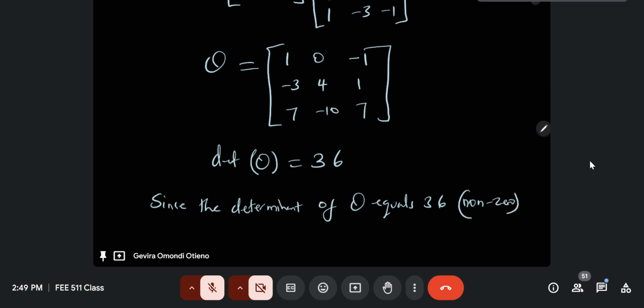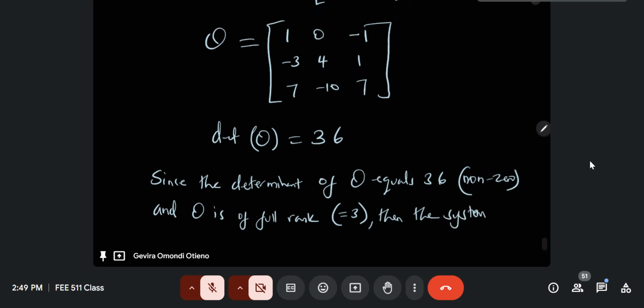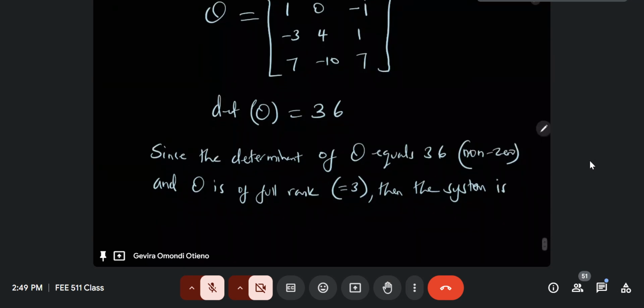And O is of full rank. Again, that rank is 3. Then the system is observable.